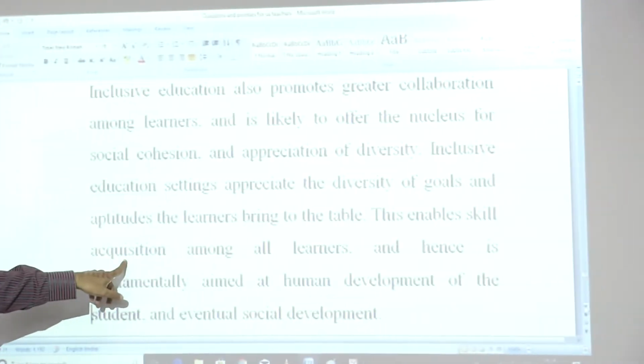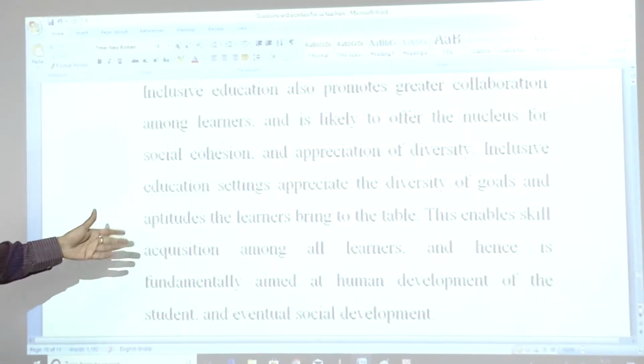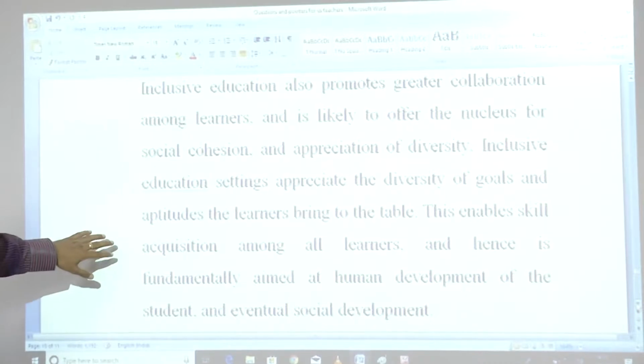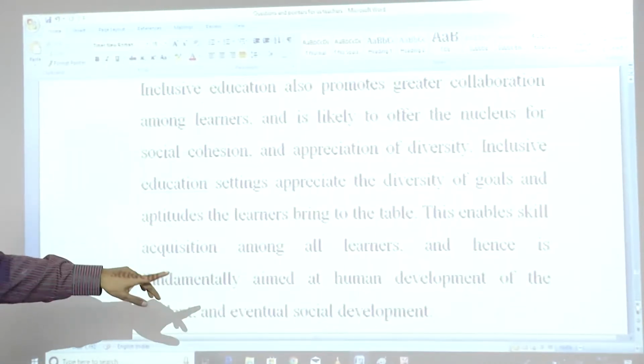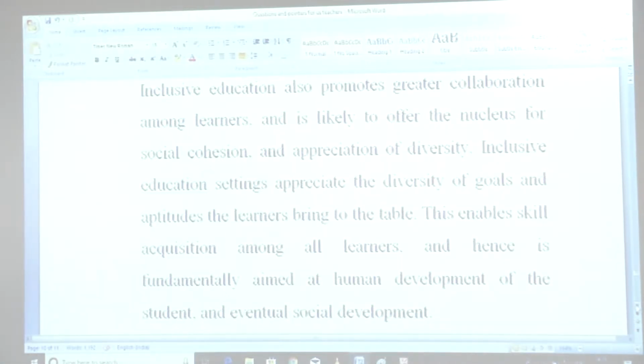So this enables skill acquisition among all learners, and this is critical, and this is very important for a country like ours, wherein skill gaps are considered quite substantial, and hence fundamentally aimed at human development of the student and eventual social development. So having an inclusive educational setting is very fundamental to nation building.